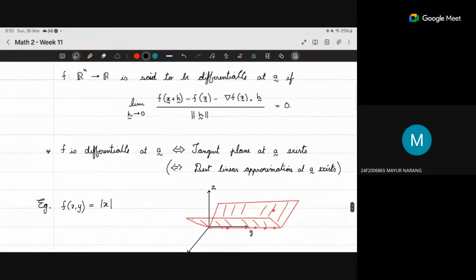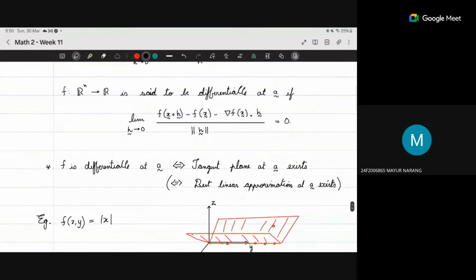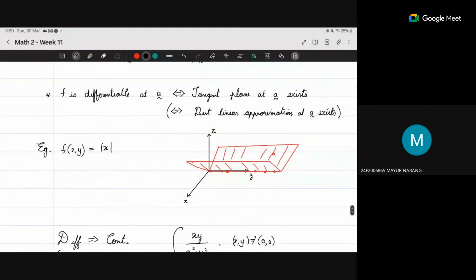No, I didn't get your question. Could you repeat? If any function was given, say x square, if this function is non-differentiable, then how is it denoted?